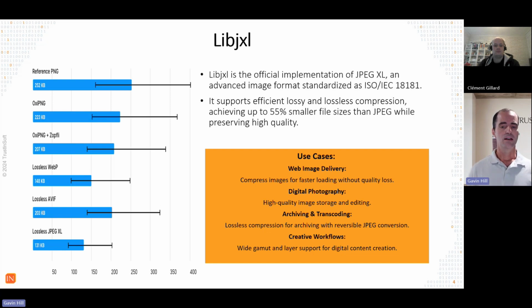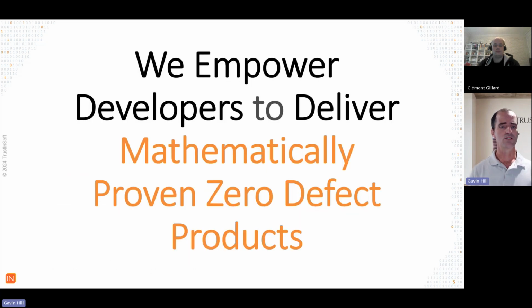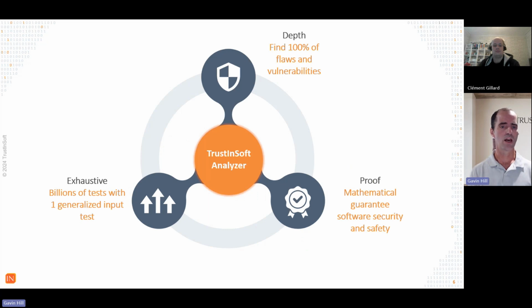A little bit about who TrustInSoft is, if you're not familiar with what we do and our solutions. Our mission in life is to empower developers to deliver mathematically proven zero defect products. So what exactly does that mean? We provide developers with an analyzer that utilizes formal methods.